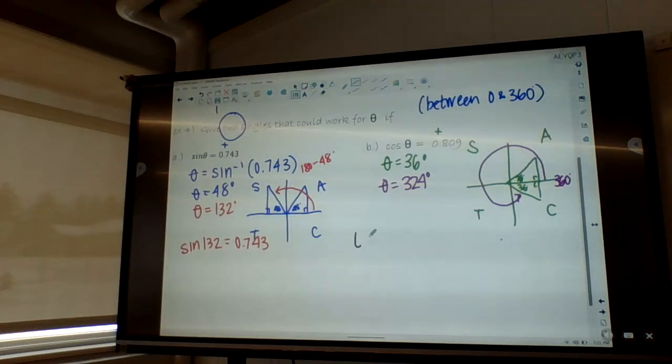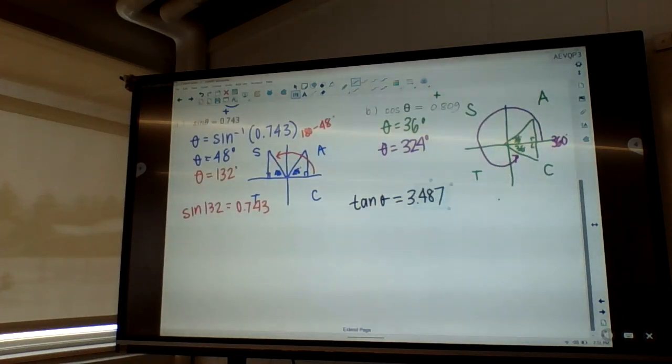Tangent of theta is 3.487. Again, I want two answers for this.